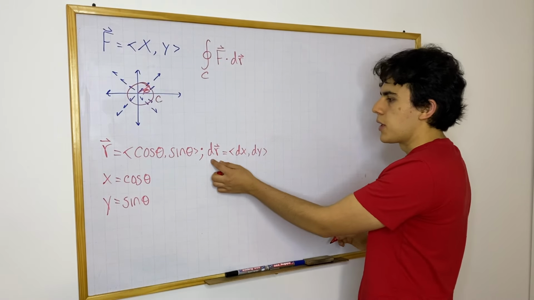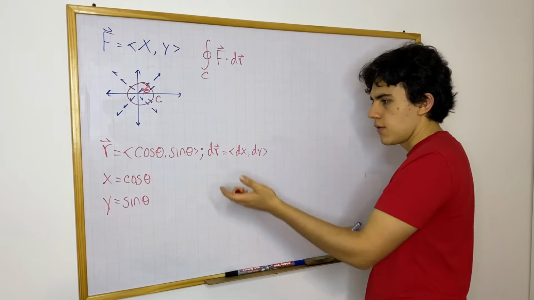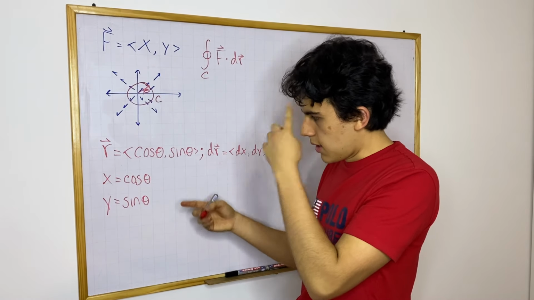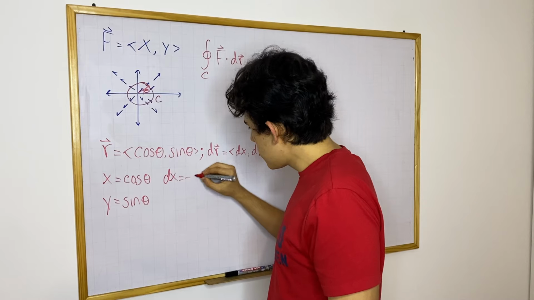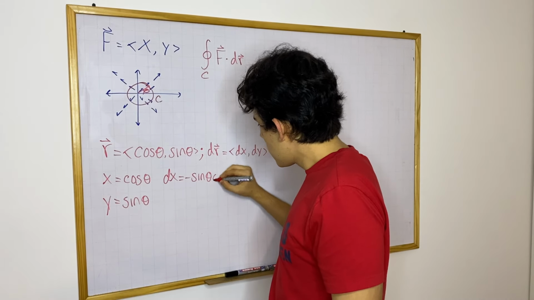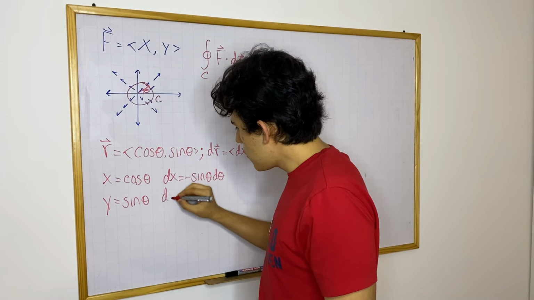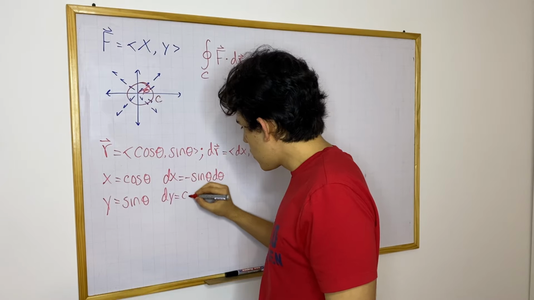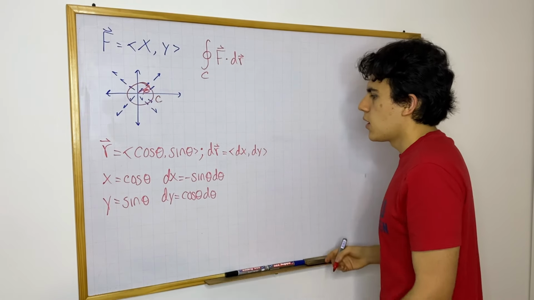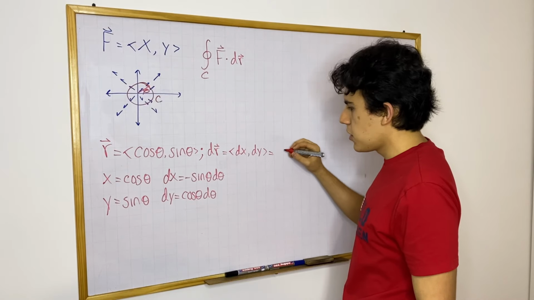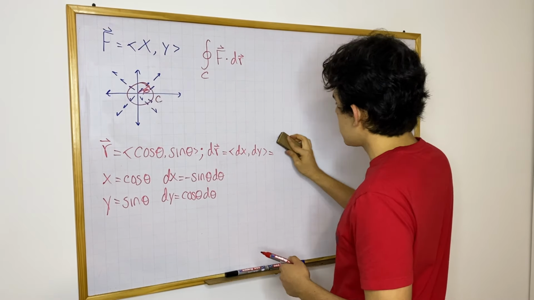And then if we want to find dr, we just need to calculate these differentials with respect to theta. So dx is going to be minus sine theta d theta, and dy is going to be equal to cosine theta d theta, okay? Now, our displacement vector, I'm not going to write it out. It's not really necessary.